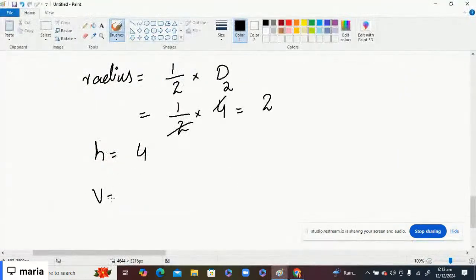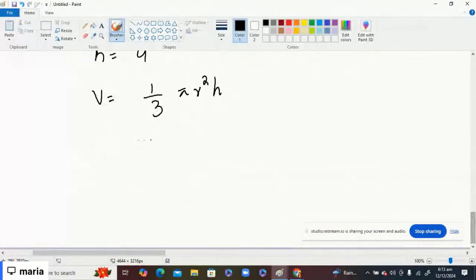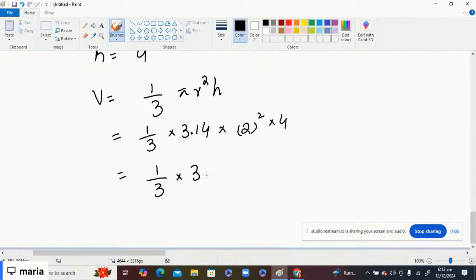Now what is the volume? That is 1 by 3 pi r square h. So here putting 1 by 3, then what is the value of pi? That is 3.14, r square, 2 square, and then h is 4. So 1 by 3 times 3.14 times 4 times 4.